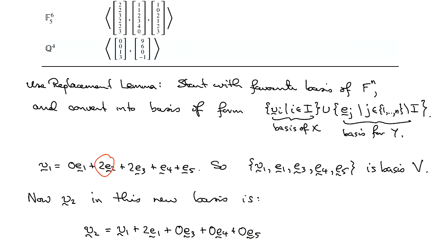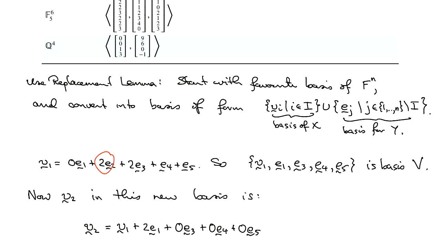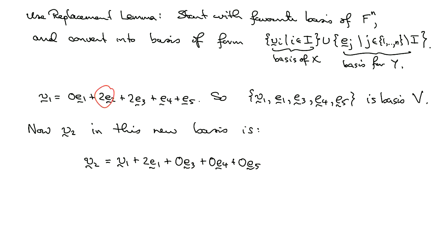So now the point is, I need to pick one of those non-zero coefficients, toss that guy out and put V2 in instead. And there's only one choice now because I don't want to throw away V1, of course, that's what I'm trying to keep. So I throw away E1.